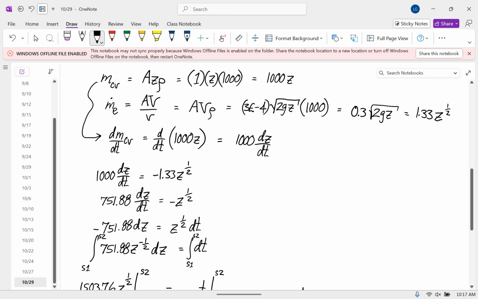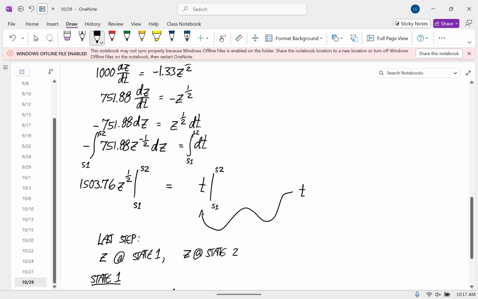I'll move it over here eventually, move it over here, here.